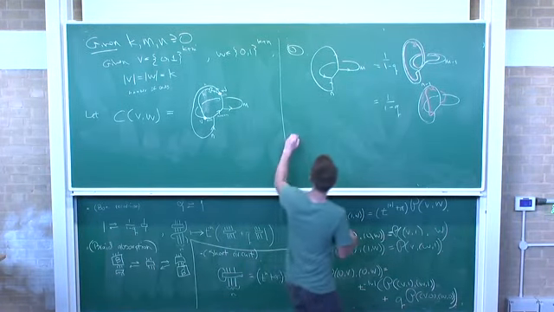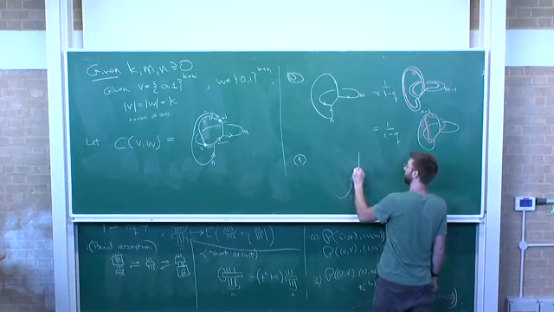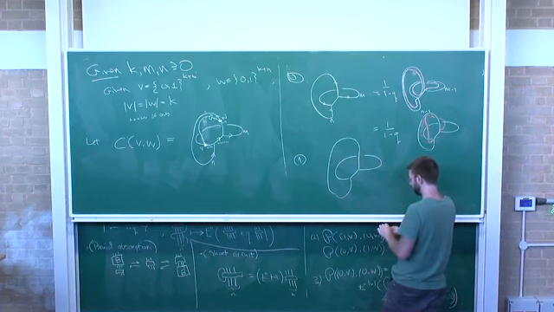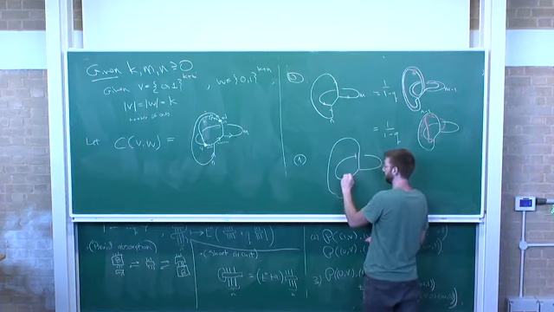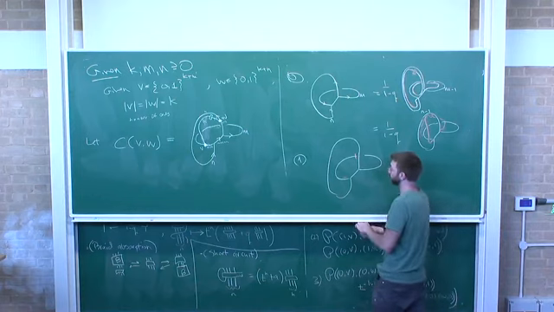Okay. Statement 1. So in this case, we have a 1 here and a 1 here, which means both of those strands are getting fed into the box.